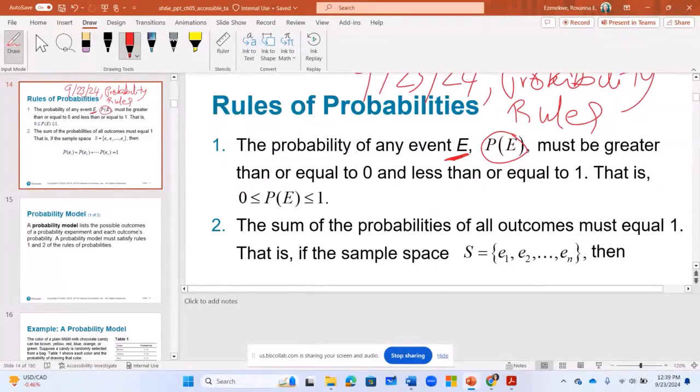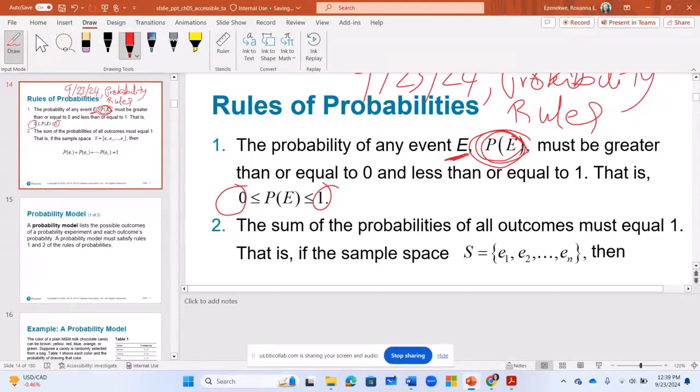depicting something. Anyway, the important thing is that the rules of probability say that probability cannot be negative, cannot be less than 0, and it cannot be greater than 1.